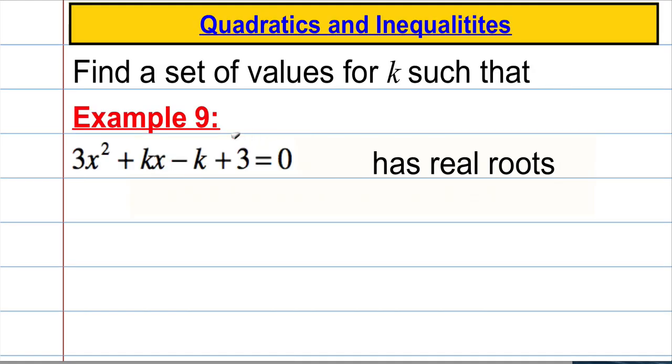Okay, final question here. So we need to find a set of values of k such that this quadratic has real roots, and that means that b squared minus 4ac must be bigger than 0. Okay, same idea applies. So a is going to be 3, b will be k, and c equals negative k plus 3.